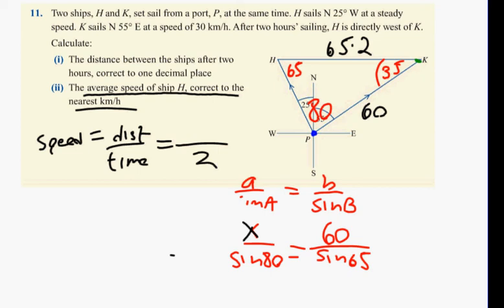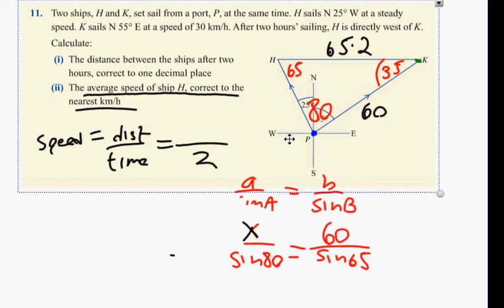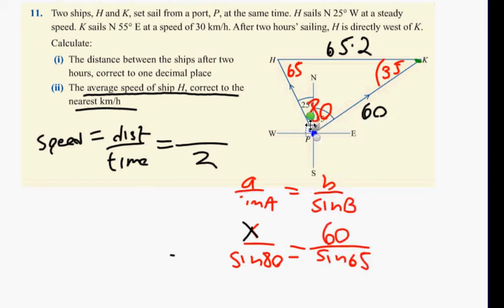This blue dot here represents the ship H. It would have travelled up this way, up towards H, and that took 2 hours. If we find the length, and we'll call it the length y, we can then figure out how long that took. Everybody right with that?